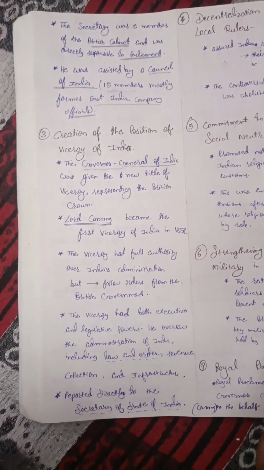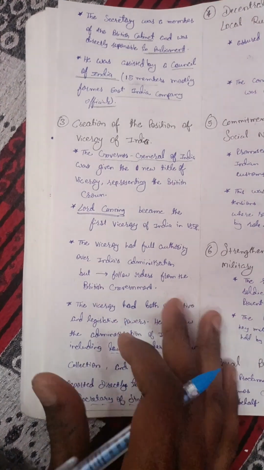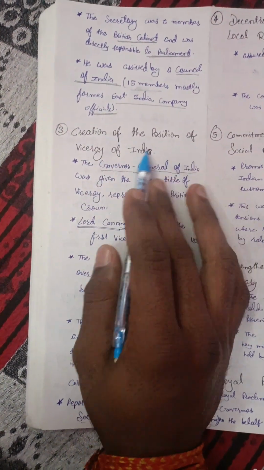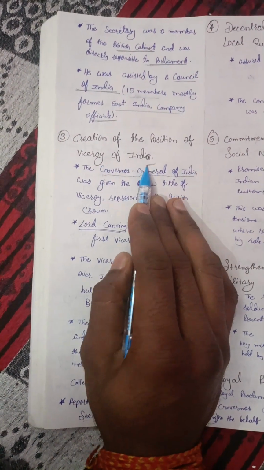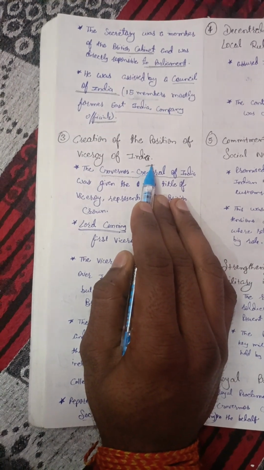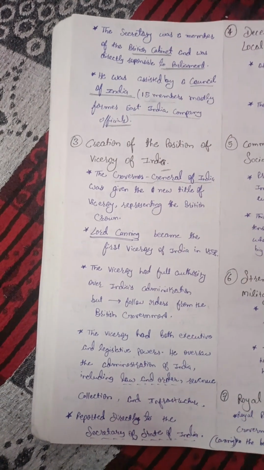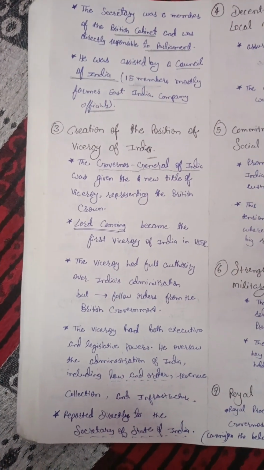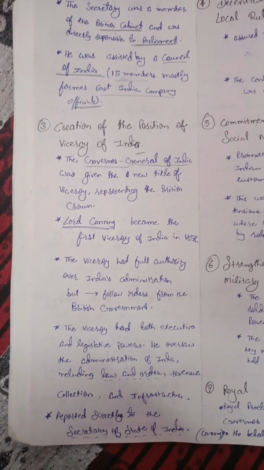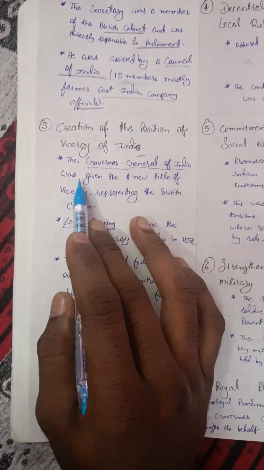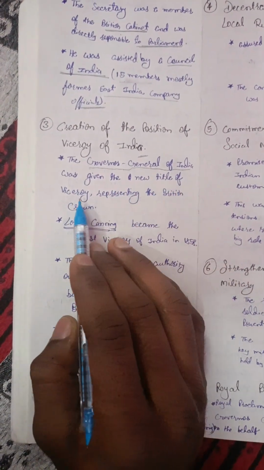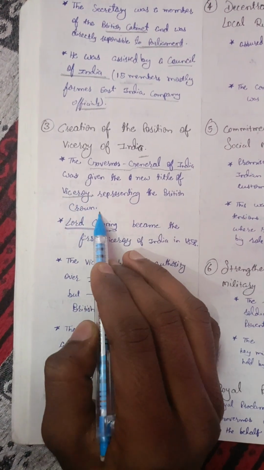Now, the third provision was the creation of the position of Viceroy of India, and we know that the Viceroy used to act under the Secretary of State, and the first Viceroy was Lord Canning. The Governor General of India was given the new title of Viceroy, representing the British Crown.